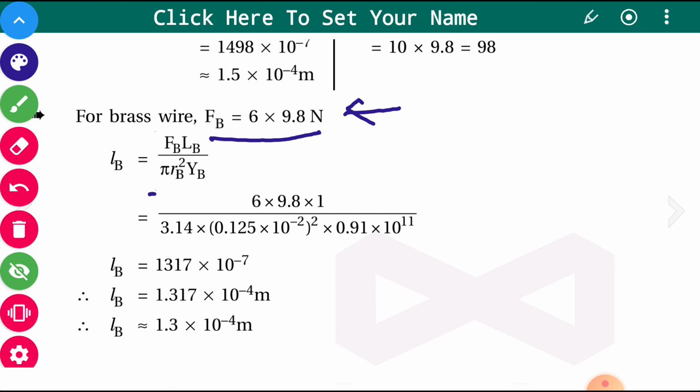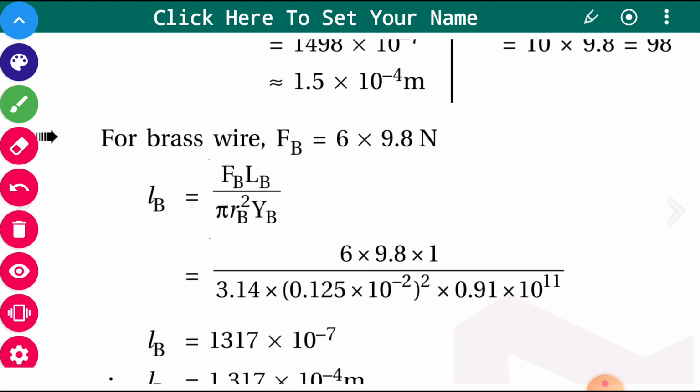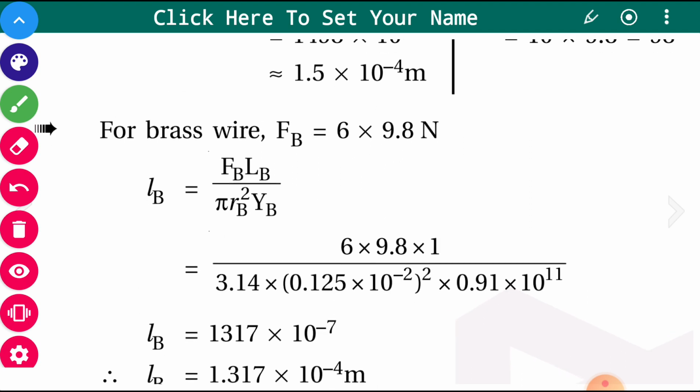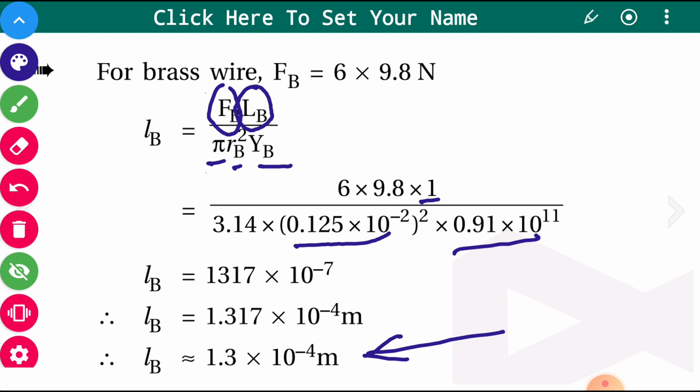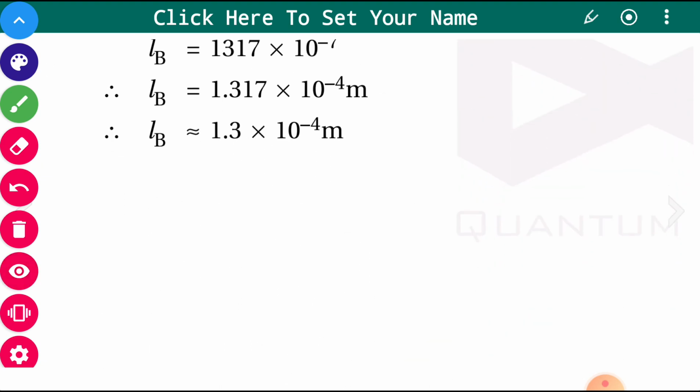The length of brass wire is known, it is 1 meter. Pi r square of brass wire, the radius, is the same as that of steel, along with the Young modulus of brass. Then by simplifying you will get the elongation as 1.3 into 10 raised to minus 4 meter. So we got both the elongations.